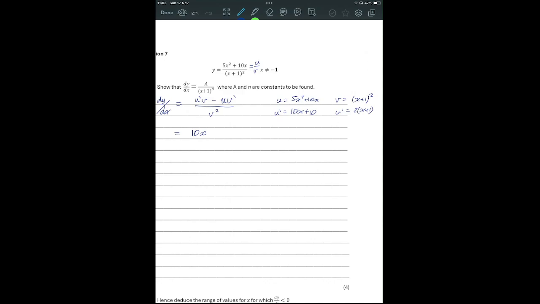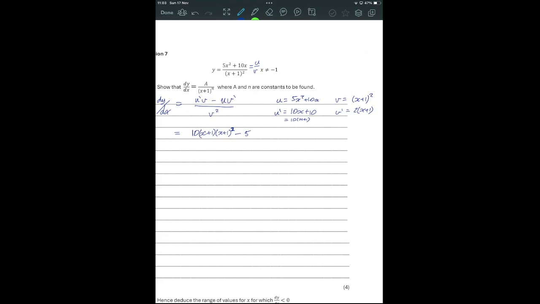And I'm actually going to do something a bit weird. I want to write this as 10 brackets x plus 1. Because if I'm looking at the answer, I'm seeing these x plus 1s everywhere. Chances are something will cancel. So I'm actually going to pre-factorize. So that's my u dash times v, x plus 1 squared, minus u.